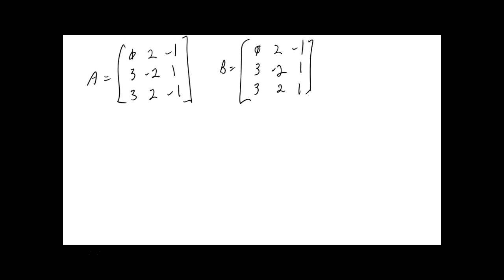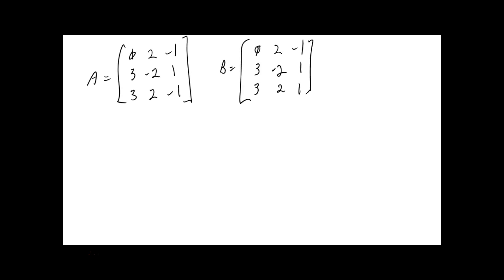No way that's going to work. But the same is true with columns. If one column is a multiple of another column, or one row is a multiple of another row, then the determinant of that matrix is going to be 0, and if the determinant is 0, that means it's a non-invertible or a singular matrix.